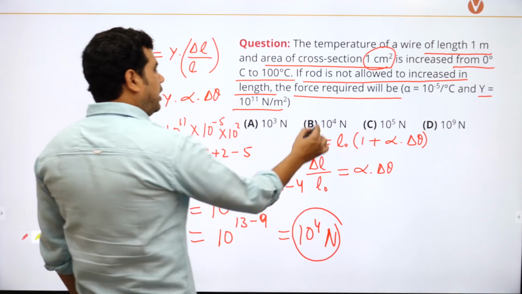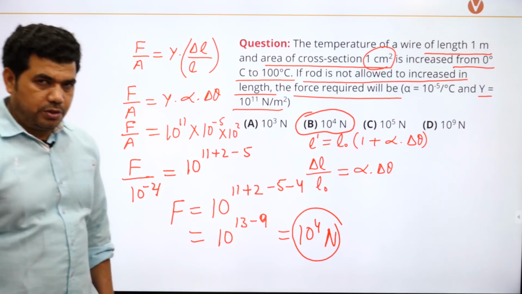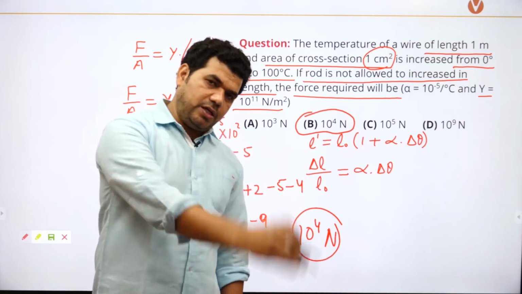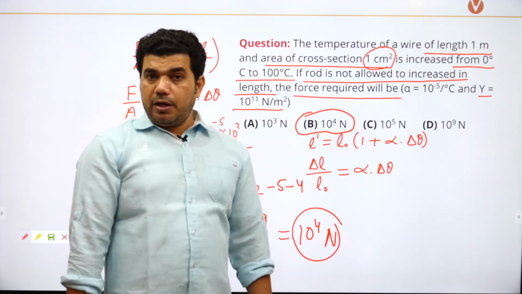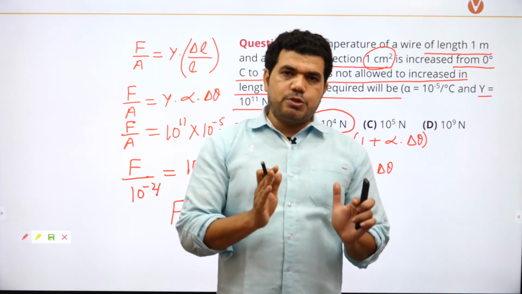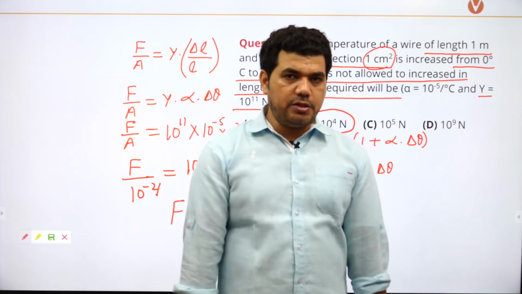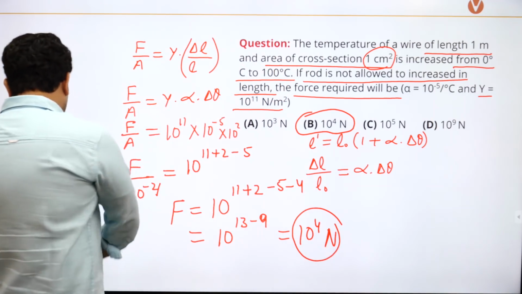So what should be the answer, dear? The answer is 10 to the power 4 Newton. It is a very easy question, but quite important from the JEE Mains point of view, because these chapters are very easy, right? Okay, let's see the next one.